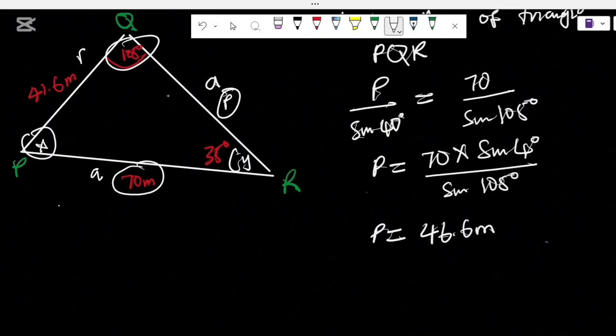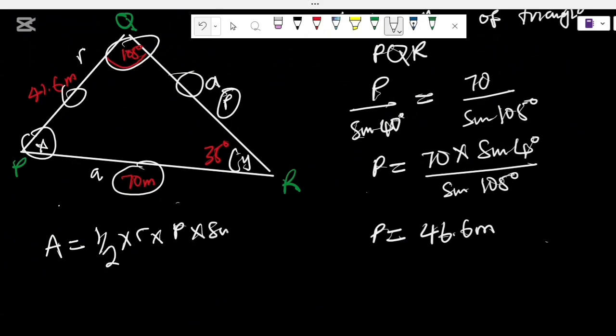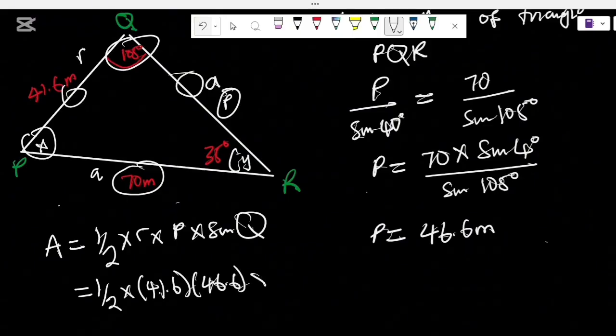So now we can go ahead and use the two sides to find the area of the triangle. In this case, we are going to have the area, which is equal to half times the two sides. We are going to have R times P times sine Q, the angle at Q. So this is going to be 1 over 2 times 41.6 times 46.6 times sine 105 degrees.